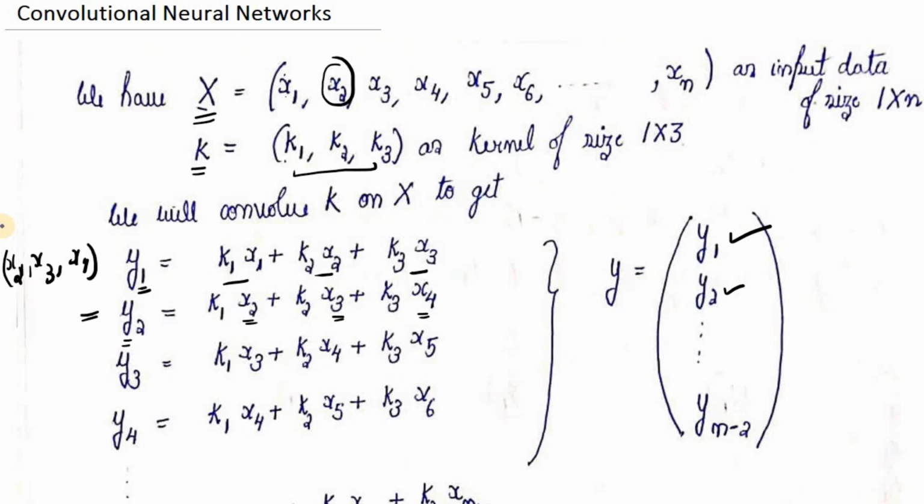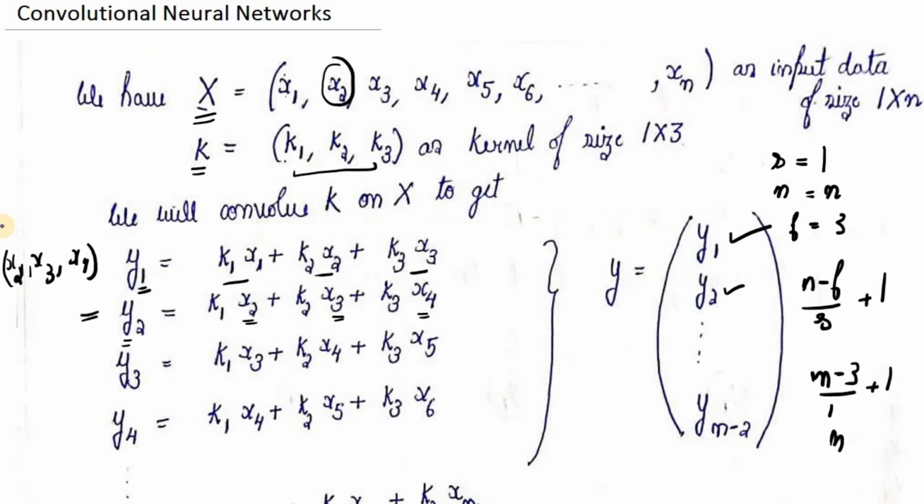If I have a stride of size s, with s equal to 1, the input vector is of size n, and the value of f is 3, then the size of the output vector y is going to be (n minus f) by s plus 1, which is (n minus 3) by 1 plus 1, which is n minus 2.